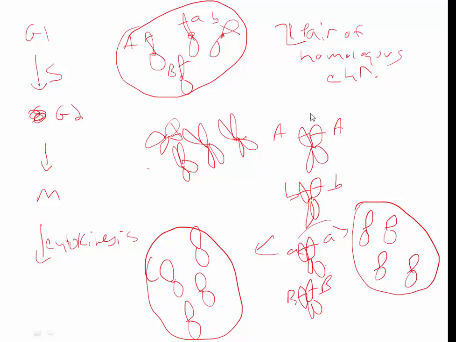So where exactly they line up relative to each other on different chromosomes doesn't matter. What matters is that big A are on sister chromatids, little b on the same sister chromatids. So then when we come down here, we have to make sure we get one of each. And over here, get one of each.